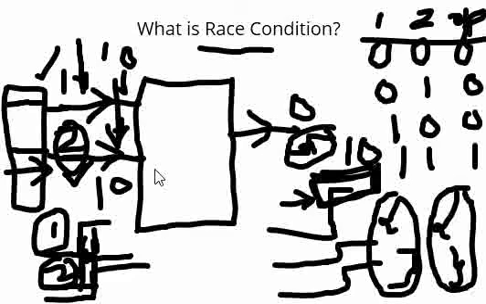So these race conditions are basically of three types. One is called static race condition, the other one is called dynamic race condition, and the third one is called essential race condition.